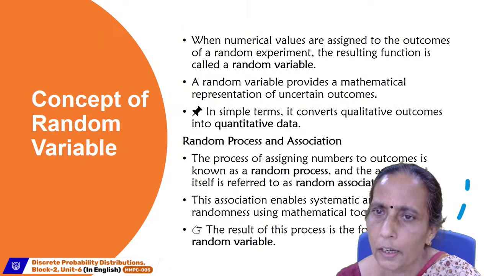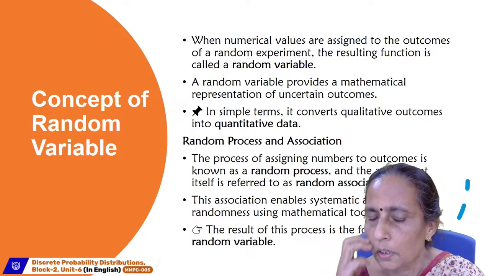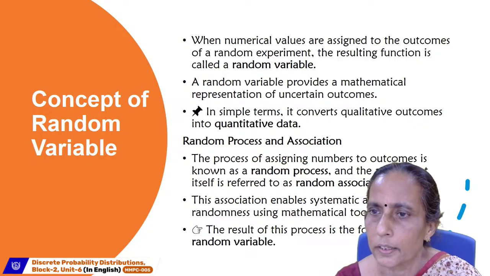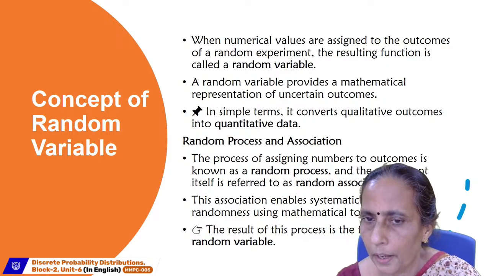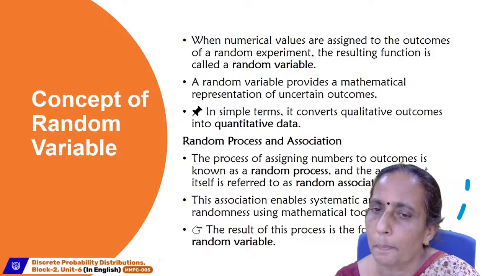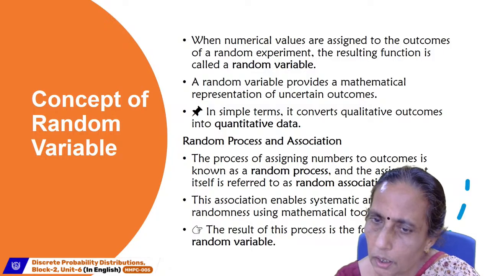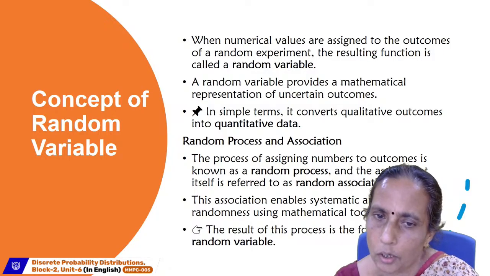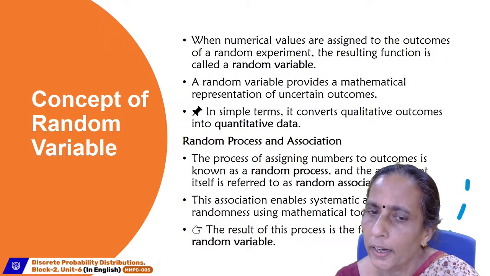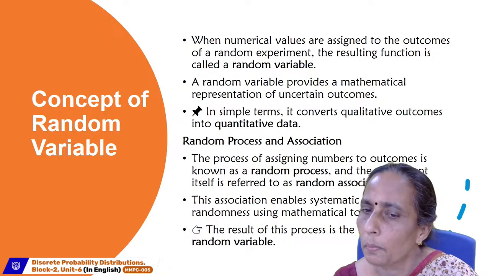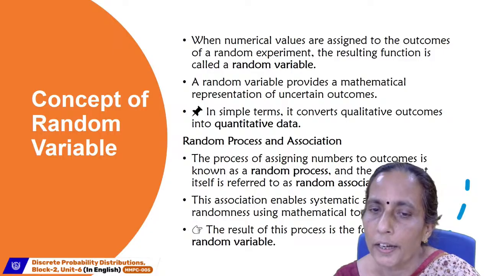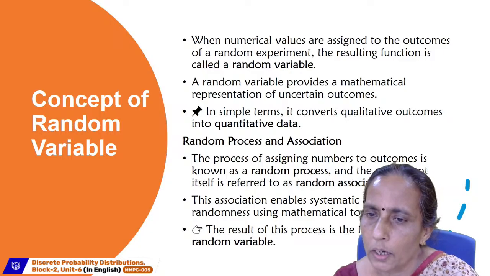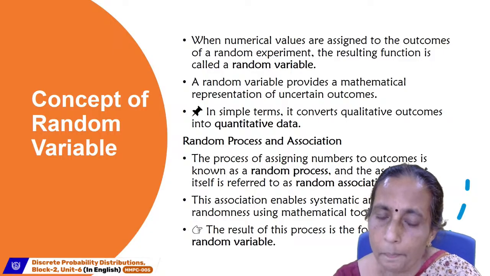When numerical values are assigned to the outcomes of a random experiment, the resulting function is called a random variable. A random variable provides a mathematical representation of uncertain outcomes. In simple terms, qualitative outcomes transformed into quantitative data are called random variables.